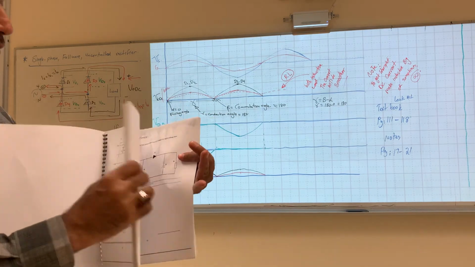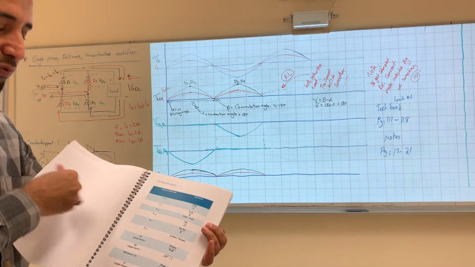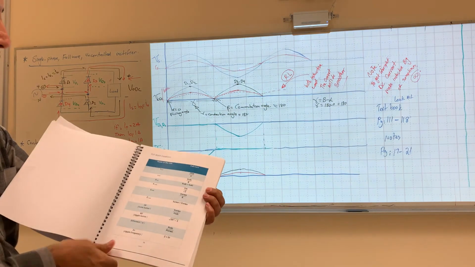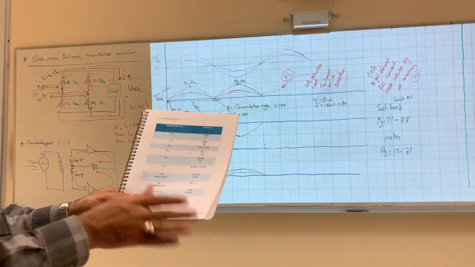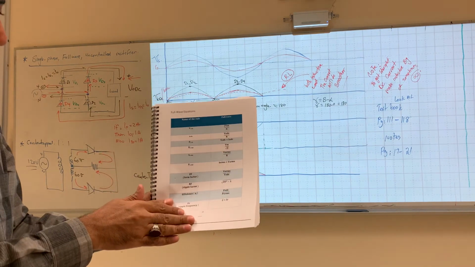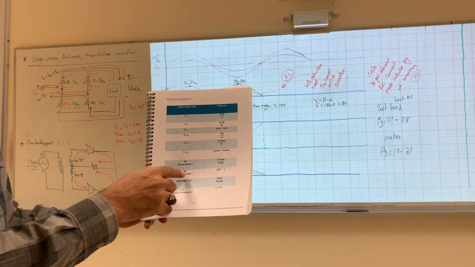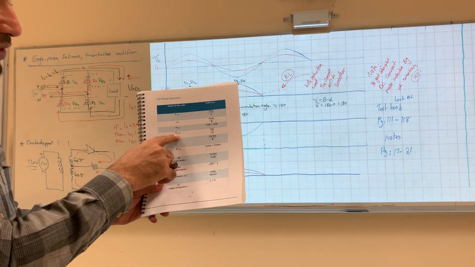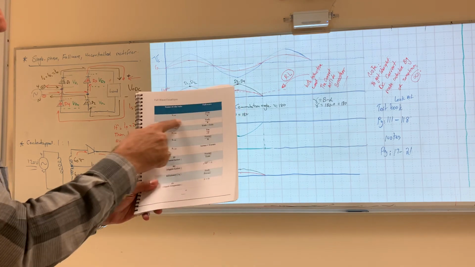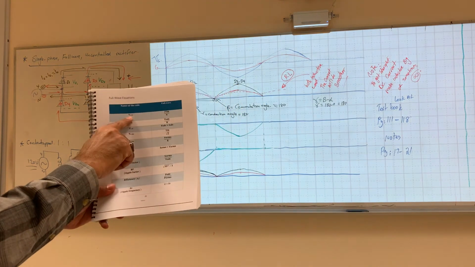Okay, so now that's for half wave. For full wave, you're going to find out that almost the equations are the same: the efficiency, the ripple factor, form factor, P out RMS, which is Ohm's law, I out RMS. The V out is different. All the time, this one will be different.